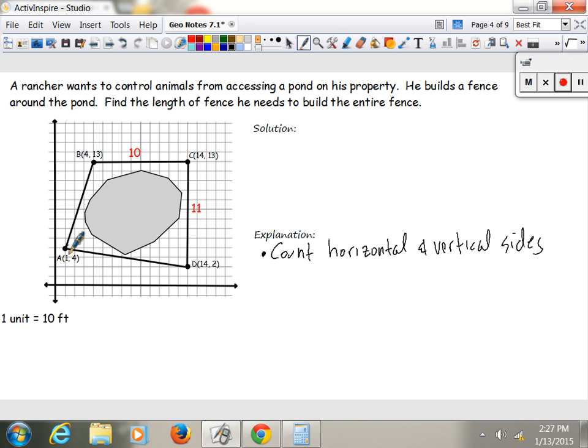What would be the next thing you might do? You need to find these last two sides. Not a perfect square, a right triangle. We want to make a right triangle so that we can find the length of those other sides.